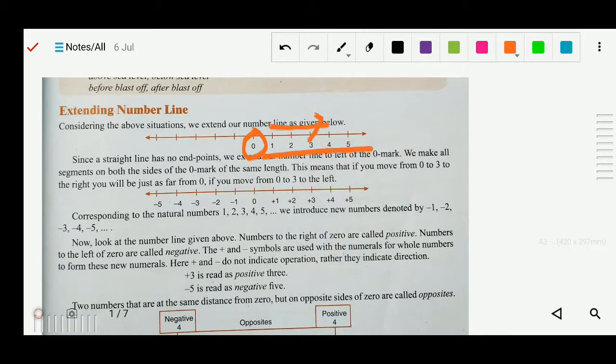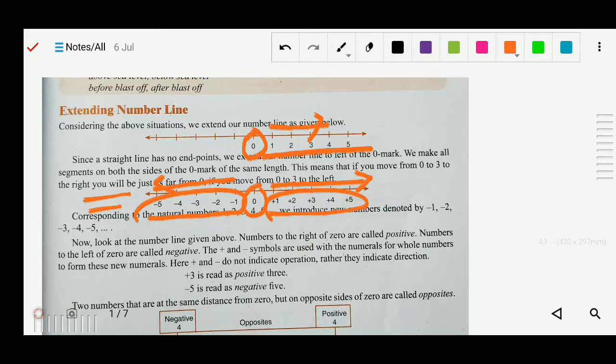Now next you can see in this. Here is the 0. On the right side of the 0 you can see all the numbers written as plus 1, plus 2, plus 3, like that. And on the left side all the numbers are written like -1, -2, -3. These numbers are called the negative numbers, and these numbers are called positive numbers. Got it?